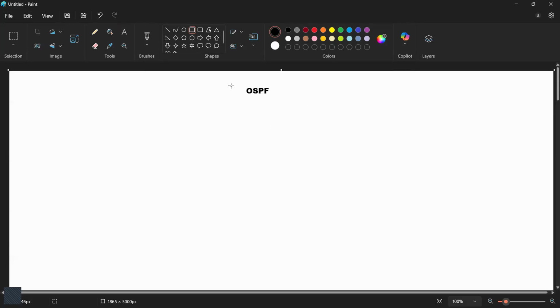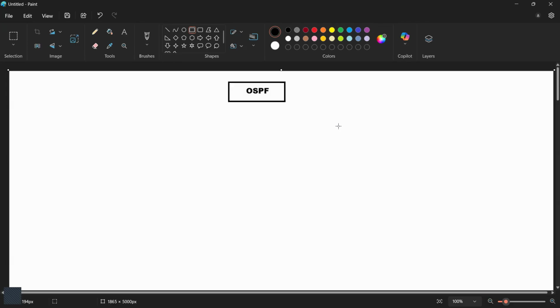Okay, so what do you know about OSPF? Uses two multicast addresses, 5 and 6.